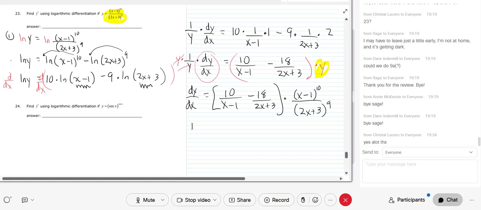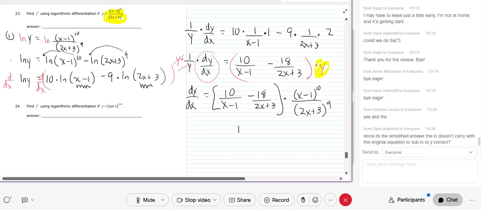One very quick question I could probably take. So let's see, Dan. Since it's the simplified answer, the ln doesn't carry with the original equation to sub into y. Yes. You don't have an ln after you do the derivative.